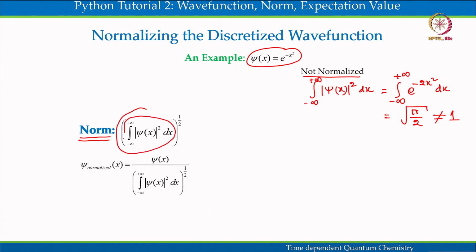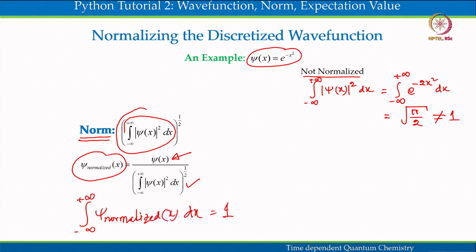And once we get the norm, then we divide the wave function, which is not normalized yet, by its own norm to get the normalized wave function. And then if I do minus infinity to plus infinity integration of psi normalized, this should give me 1.